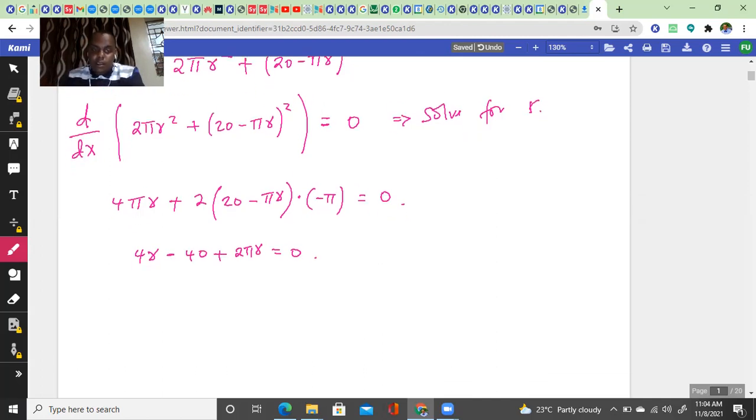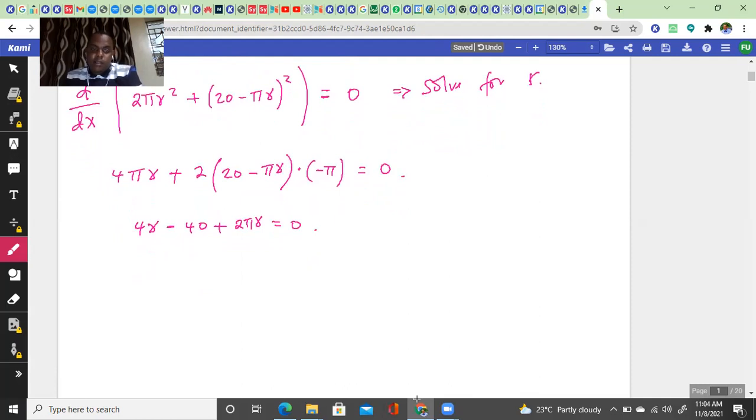And then we could make it simpler, or maybe we could just combine the like terms. So we could write this as r times 4 plus 2 pi equals 40.